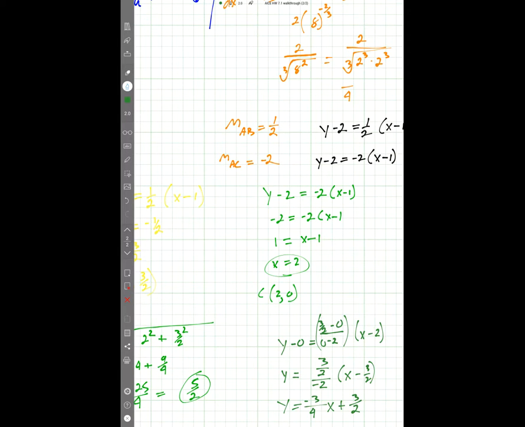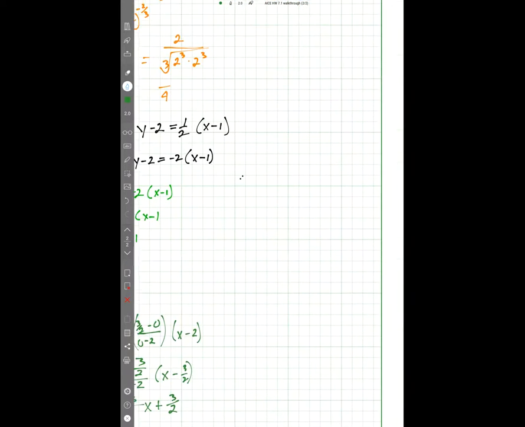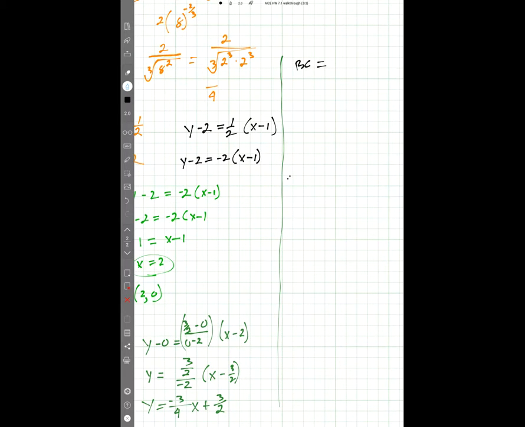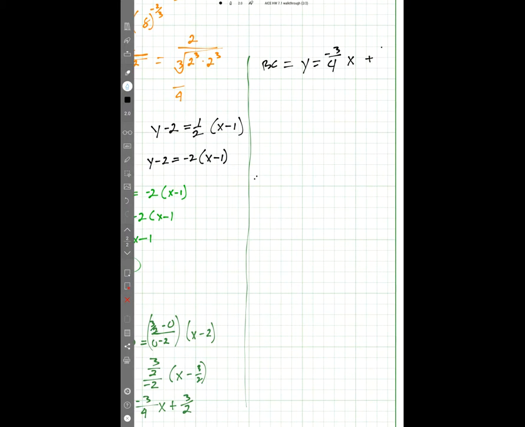So I have to find E. E is where BC crosses OA. OA is y equal to 2x. And looking for where they cross, the y will be the same.